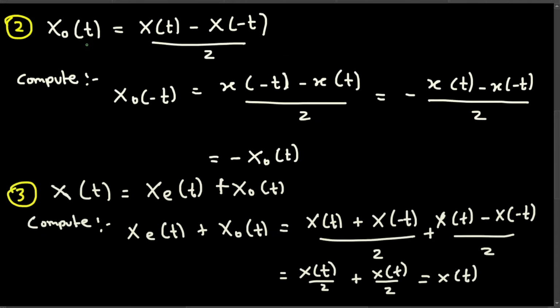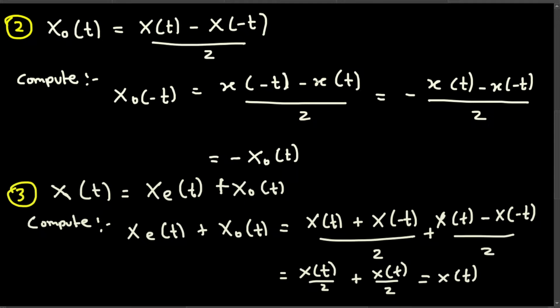And if you look at this one, odd, again you take the negative time and apply in the given equation. Here if we apply this one become negative t, this one minus t, that's become plus t divided by 2. And if you compare these two, you can rearrange to make it look like this.